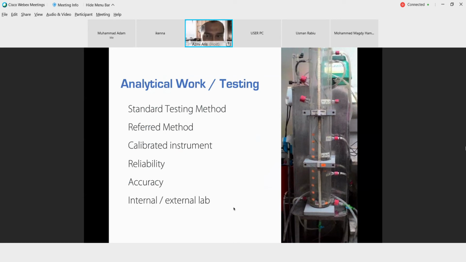And as I mentioned just now, most of the time we will be using the internal lab, but if your lab does not have the capability to do the analysis, you can outsource it. But make sure you mention that in your thesis, and also make sure you understand how it is being done. That is very important.